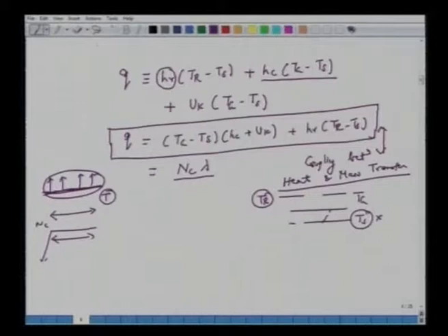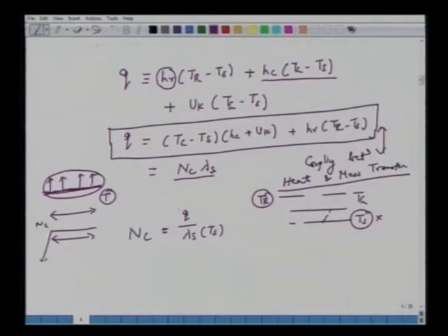So from these two, the coupling of heat and mass transfer, we can now write Nc as Q by lambda s, to say that lambda s is calculated at Ts. Lambda s is a function of Ts, so there is always some correction here.